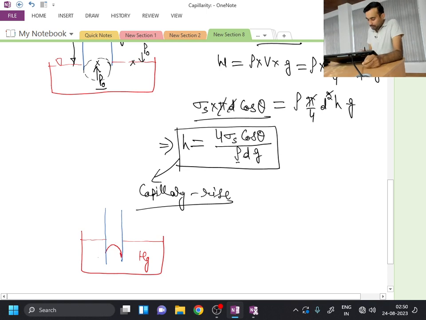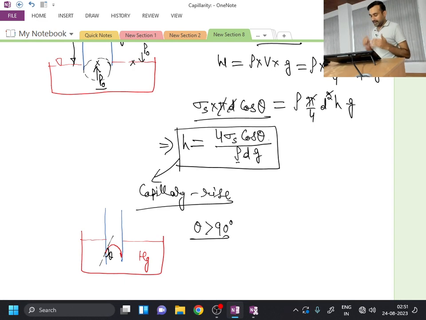Okay. So because of this, if you draw a tangent at this point, you will find that when you measure the angle from the liquid side, this is your contact angle theta, and this theta over here is nothing but greater than 90 degrees. So if theta is greater than 90 degrees, cos theta in the previous discussion will become negative, and we will find that the surface tension force will be acting in the downward direction.